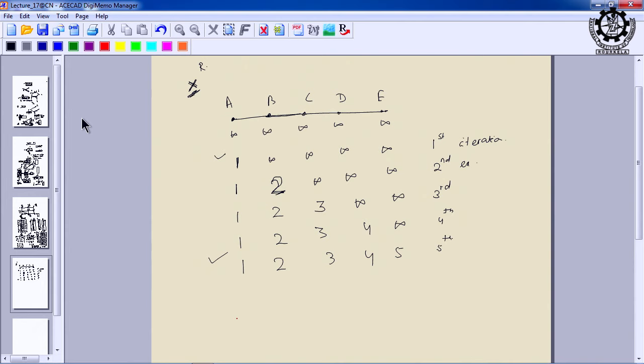Now, with this topology we will again continue, same A, B, C, D and E are there with the values that we found, 1, 2, 3, 4, 5 to X, correct. Now, let us say the link between A and X is disconnected.